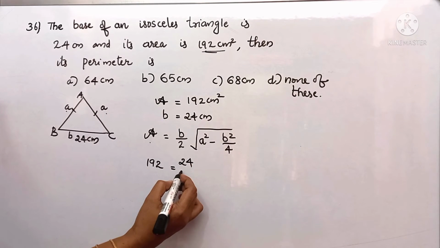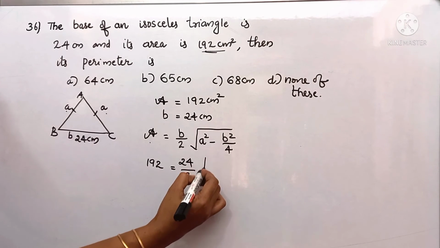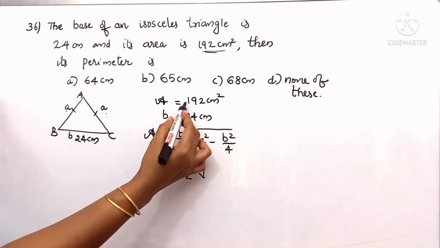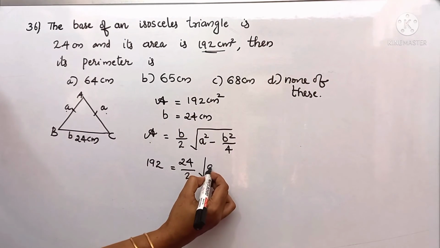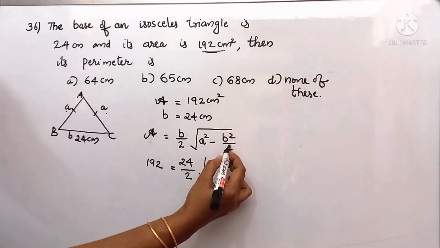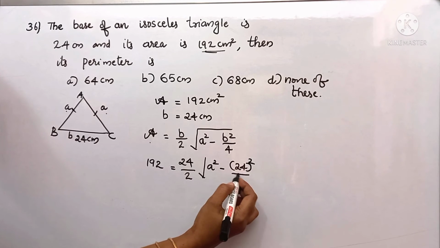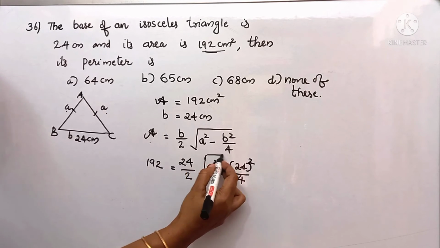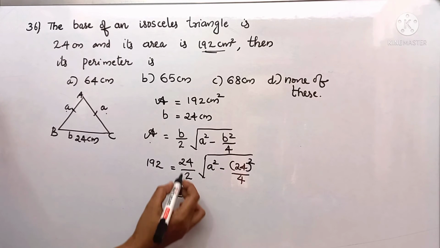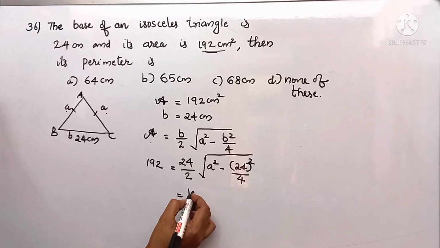b is 24. 24 by 2, then square root of a square minus b square, 24 square divided by 4. We don't know what a is, so let it be like that itself. Then we can solve it here. 24 by 2 is 12.